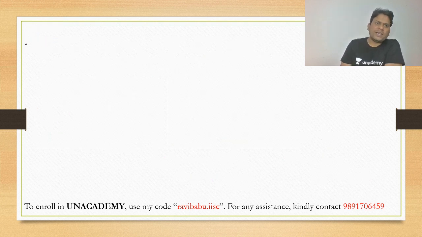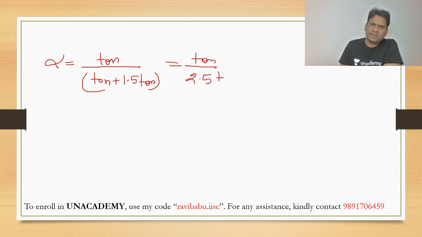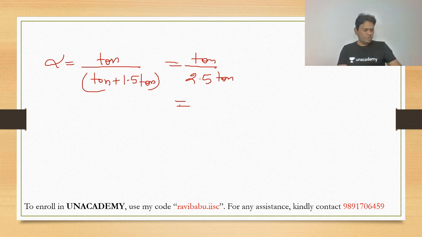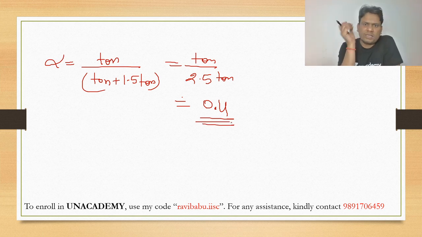So alpha is equal to T on by T on plus T off, which is T on by 2.5 T on. So what will be its value? 2.5 inverse. So the duty cycle will be 0.4, our final answer. Yeah, 0.4 is our final answer.